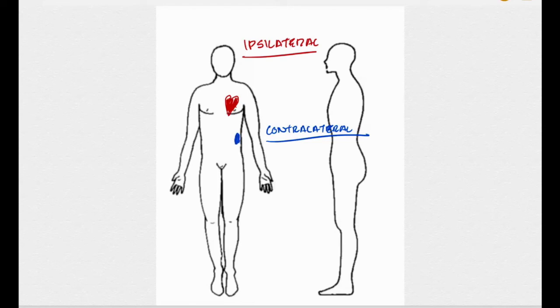So you can say the heart is on the ipsilateral side as the spleen, meaning the heart is on the same side as the spleen is. You could also say, let's see, my vermiform appendix, which is right around here, my appendix is on the contralateral side of my heart, meaning it's on the opposite side of the mid-sagittal plane. Okay? So ipsilateral means same, and contralateral means opposite.